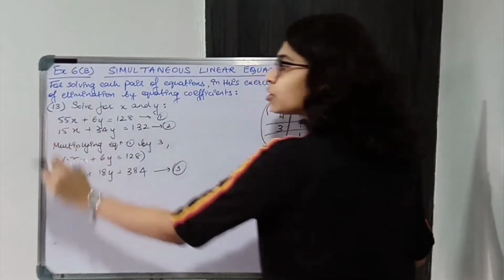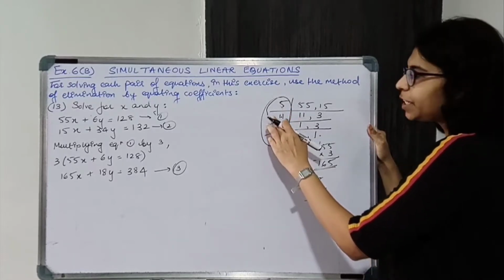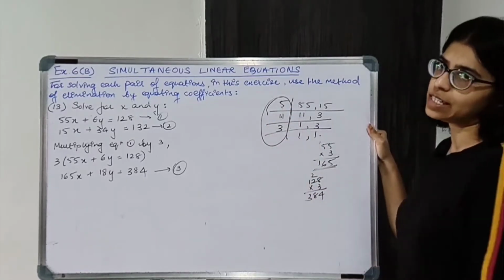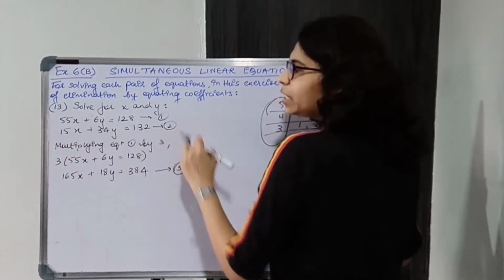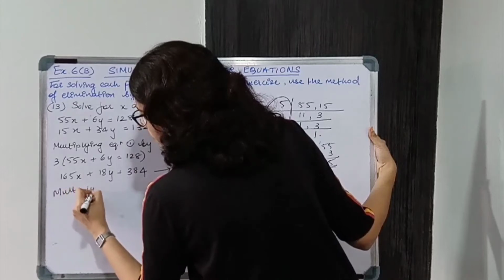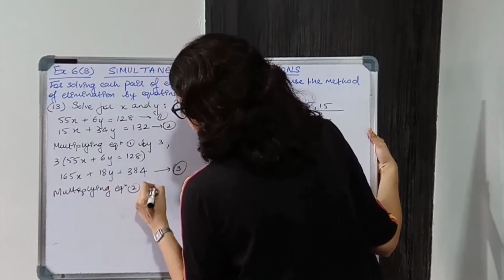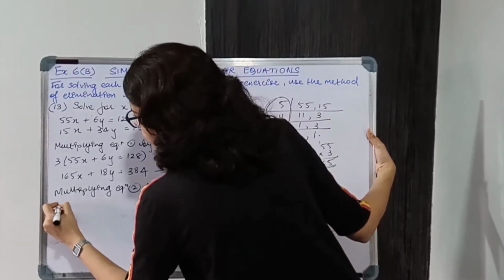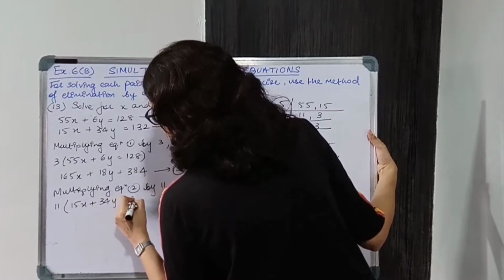We have to make this also 165. Okay, so 3 5s are 15. 15 into 11 gives 165. So here we have to multiply by 11, so the whole equation will be multiplied by 11. So multiplying equation 2 by 11. So 11 into 15x plus 34y is equal to 132.